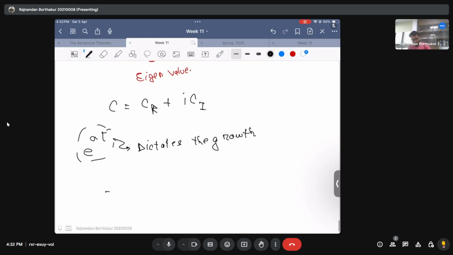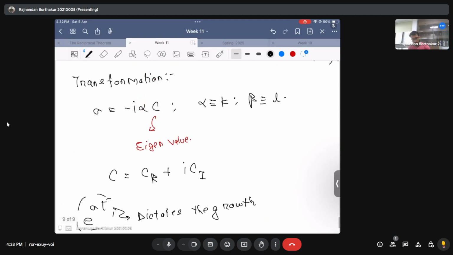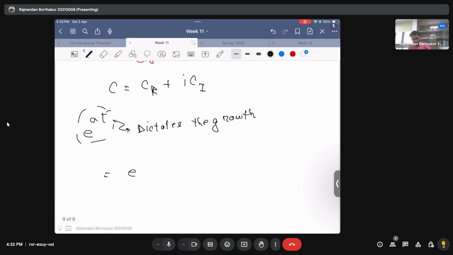And then if I write this sigma in terms of this new transform variable c, which is my eigenvalue, it becomes minus I alpha c times t.